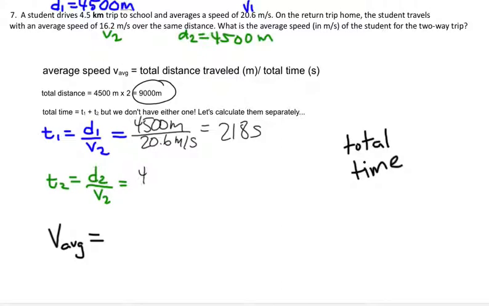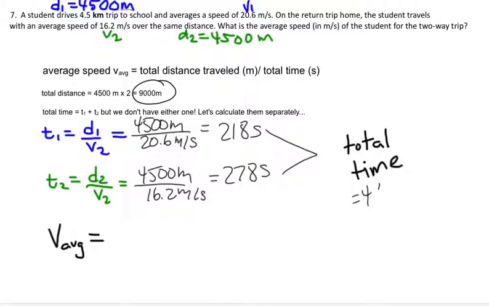And then the trip back, the distance is of course the same, but the speed is slower, 16.2 meters per second. So it takes longer to get home, to the tune of 278 seconds. Now, if you add those together, you get a total time of 496 seconds. So that's going to be useful. 496 seconds is the total time.